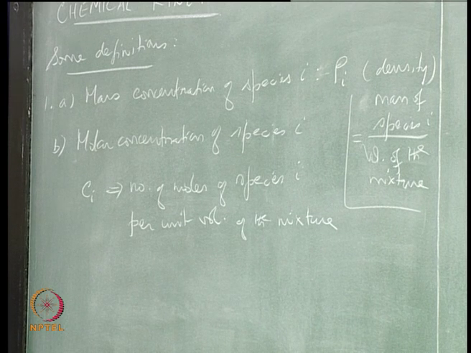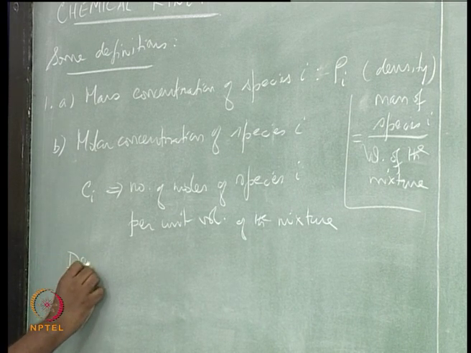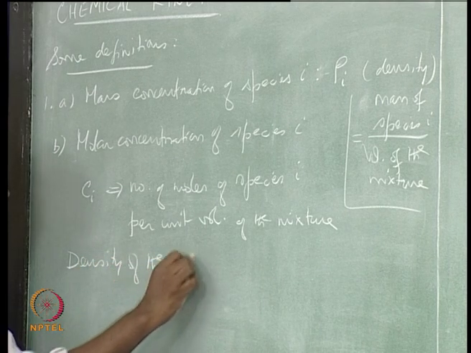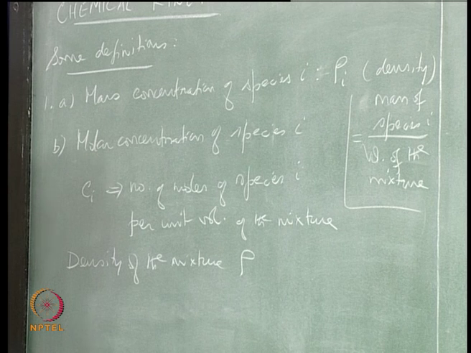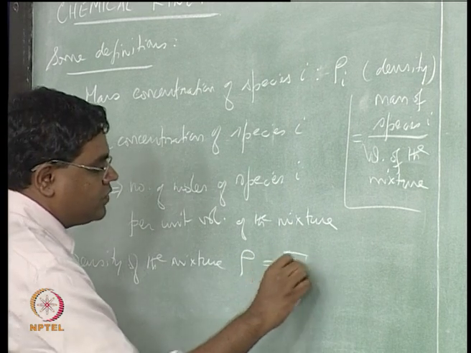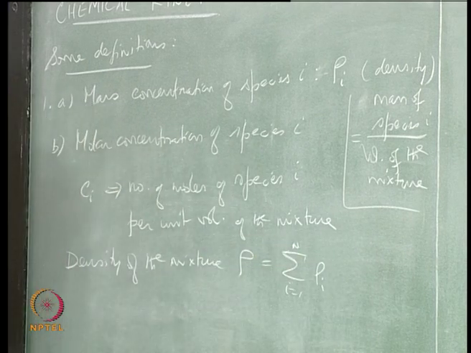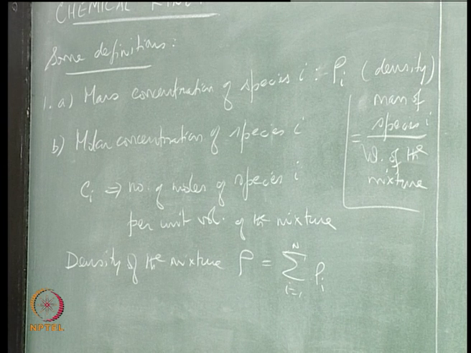So density of the mixture rho is equal to the sum from I equals 1 to n of rho I. Just have to add, don't do any averaging or anything like that. Just add all the densities to get the density of the mixture.